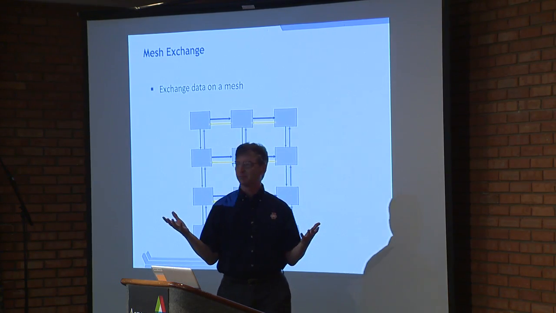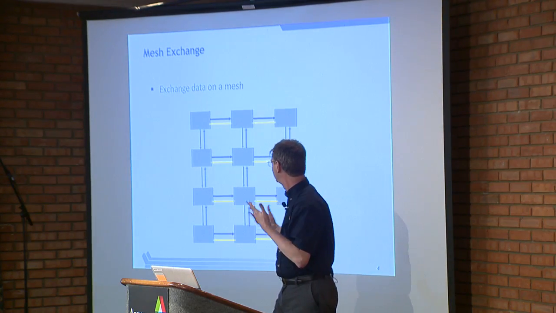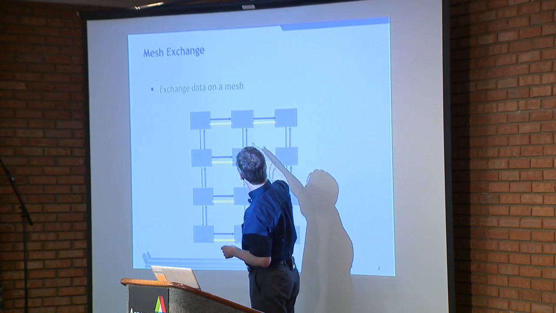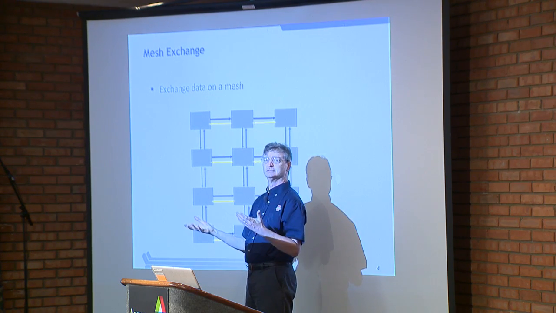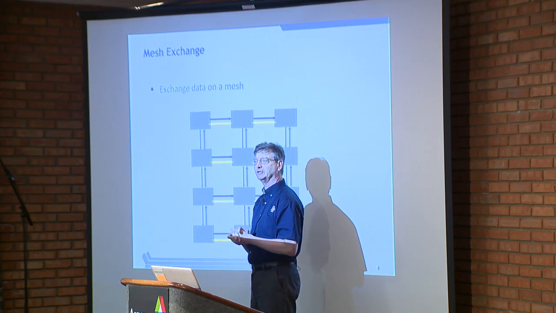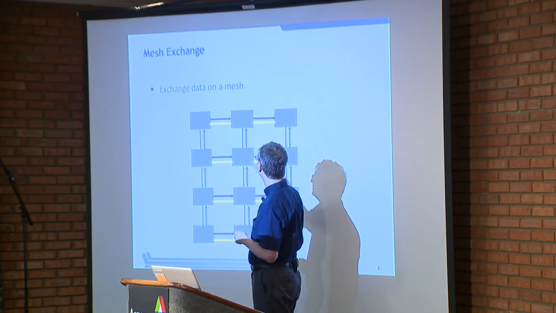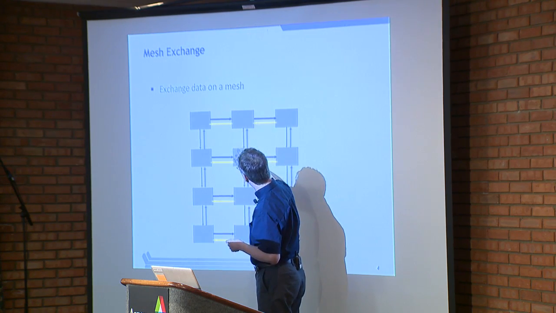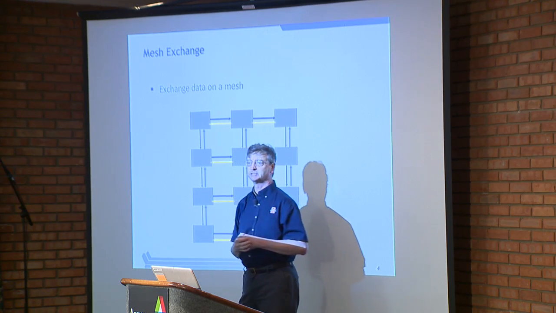In the typical halo exchange that you use for PDE simulations, I have to send my edge data to the adjacent processes so that when it applies a stencil, and I'll go through these if they're unfamiliar to you when we talk about the example code, the computation over here is going to need a little bit of data from these adjacent processes.